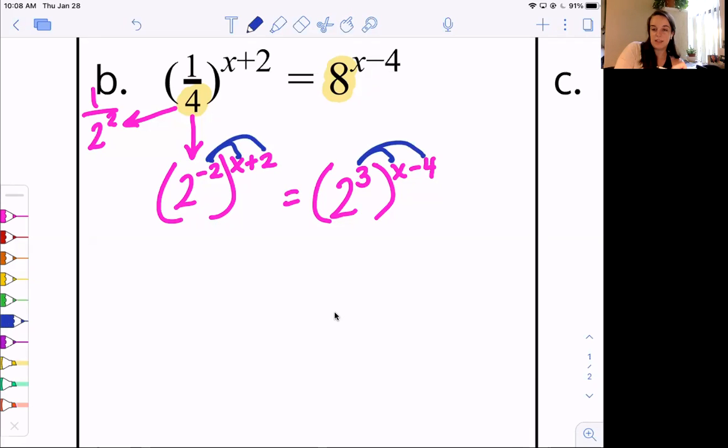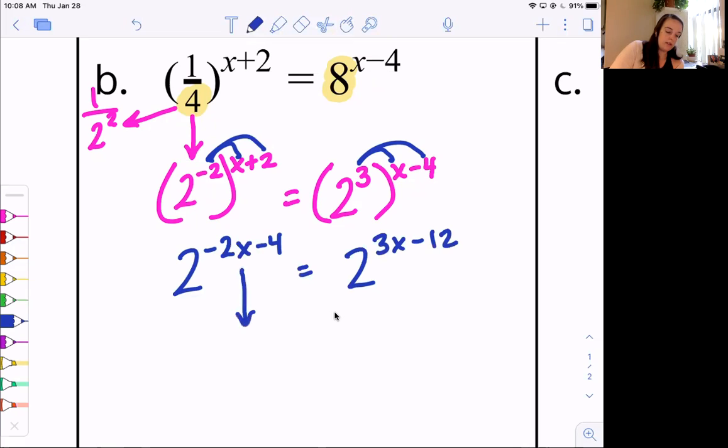I've got a couple different answers. They both are fractions so far. I've got -2x minus 4, 3x minus 12. If those are equal, therefore their exponents are equal. -2x minus 4 equals 3x minus 12.